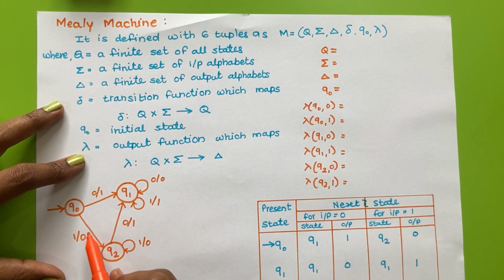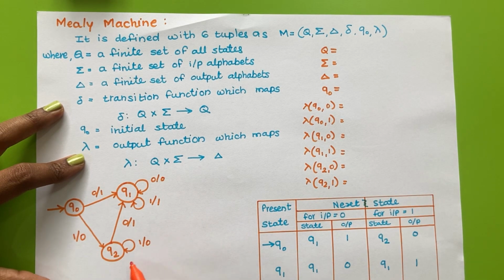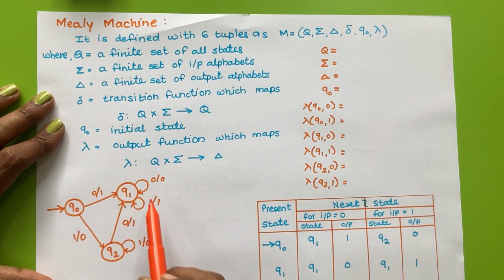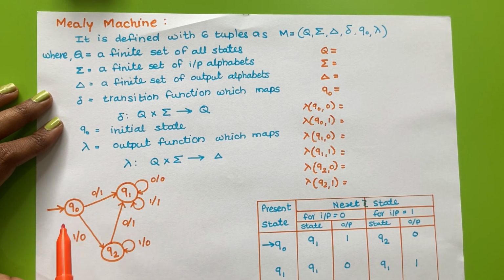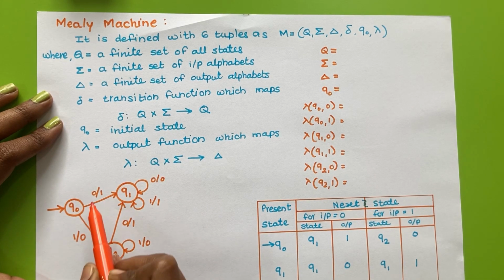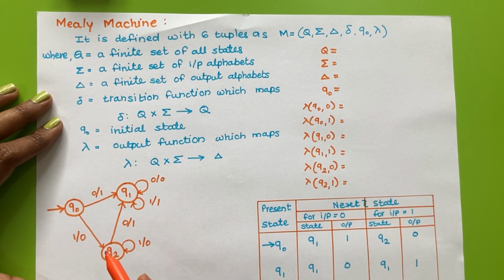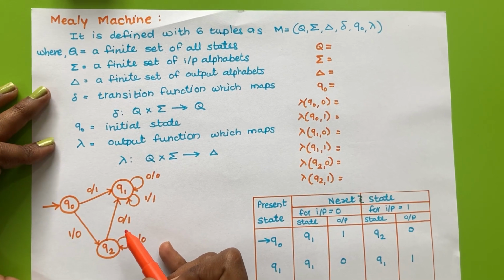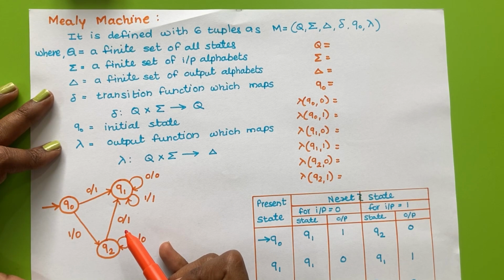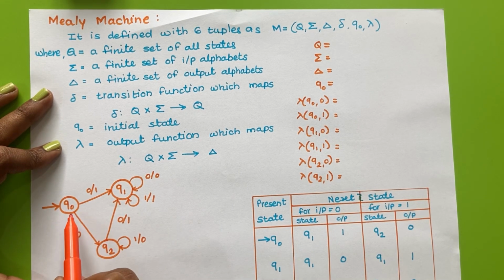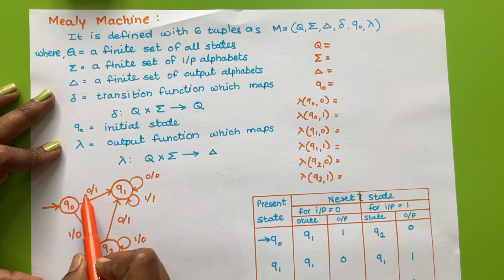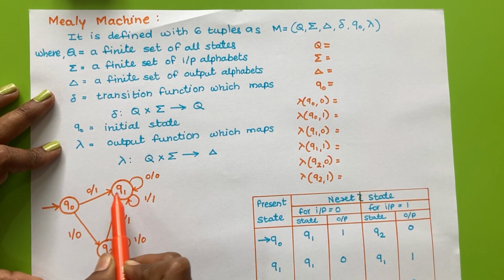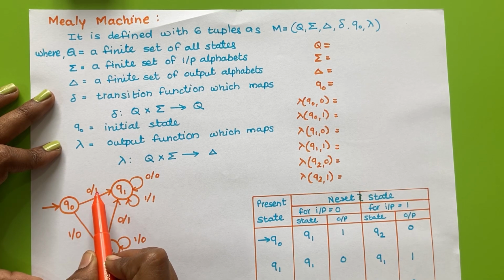So this is nothing but the representation of Mealy machine. We'll see the meaning of the symbols used to represent Mealy machine. This is the initial state. Again, this is an output machine, so we don't need any final or accept state for the representation. Here the meaning is: if we supply 0 input to state Q0, then it will move to state Q1 and 0 is replaced by 1.